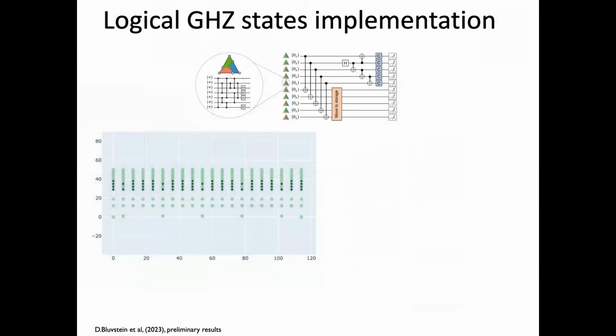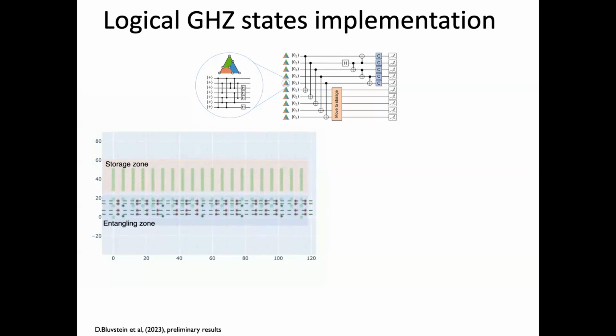So just to give you a sense of what is involved in this, here is a movie which actually shows how this small algorithm is performed. It basically involves moving qubits between different zones, storage zones and entangling zone. It starts slowly, and then the action starts, atoms start to move, and then eventually you do these logical operations.